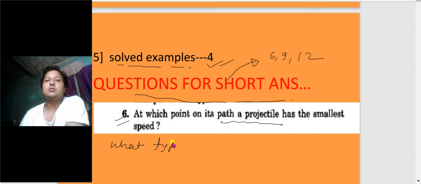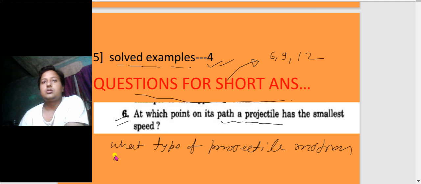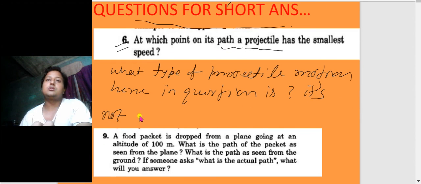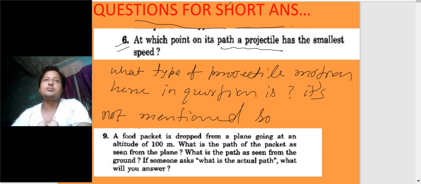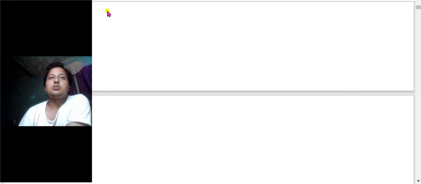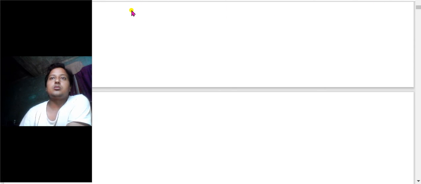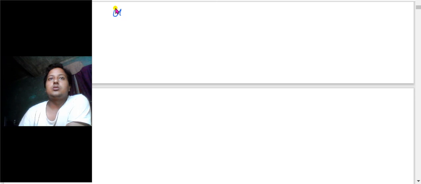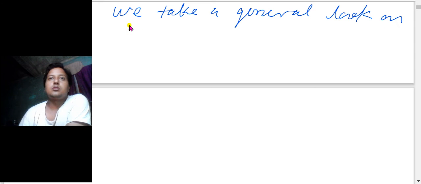What type of projectile motion it is, is not mentioned in the question. So we take a general look on projectile.